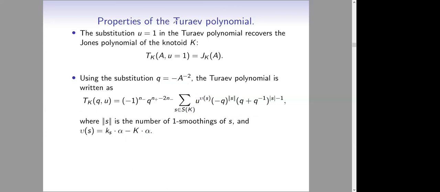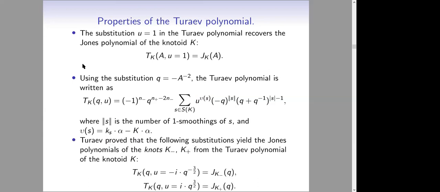I think that is the answer to your question. Yes, so the question is how is the Trayer polynomial of a knotoid related to the Jones polynomials of k minus and k plus, and I find this very interesting, and an important application to knotoids, I think.